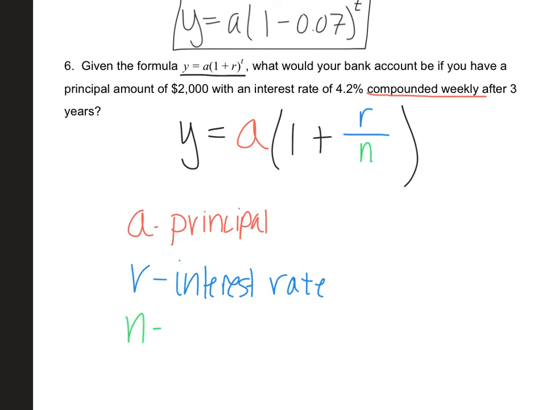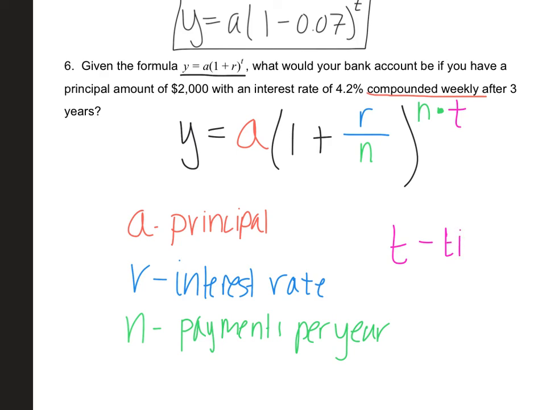The amount of payments per year, right? So let's just say payments per year. That's a good way of putting it. And then finally that last thing up here is going to be the t. But the n is going to creep up here as well. So it's going to be n times the t, and that t is time in years.